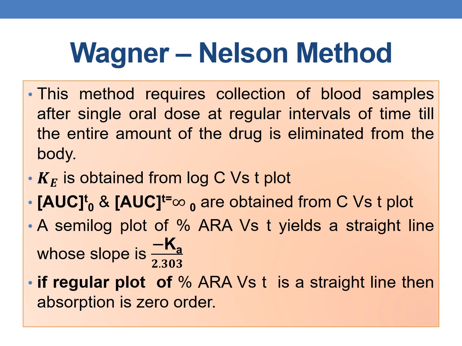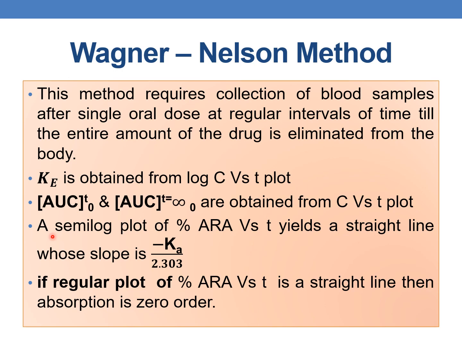Using Wagner-Nelson method, the elimination rate constant Ke is obtained from the log C versus t plot, and the area under curve AUC 0 to t and 0 to infinity are obtained from the regular plot, concentration versus time. Then a semi-log plot of percentage ARA versus time, percent amount remaining to be absorbed versus time, is made.